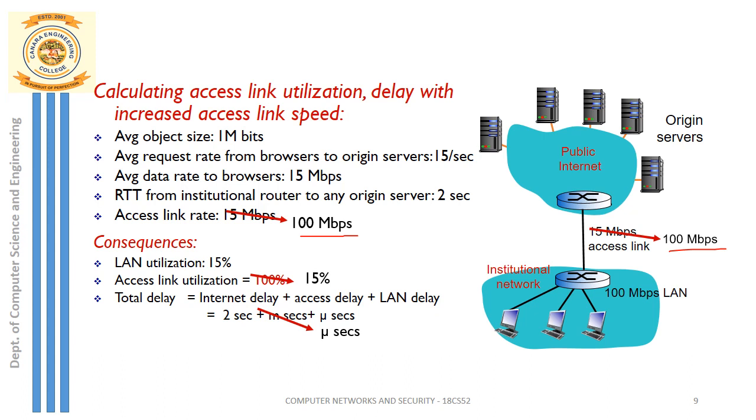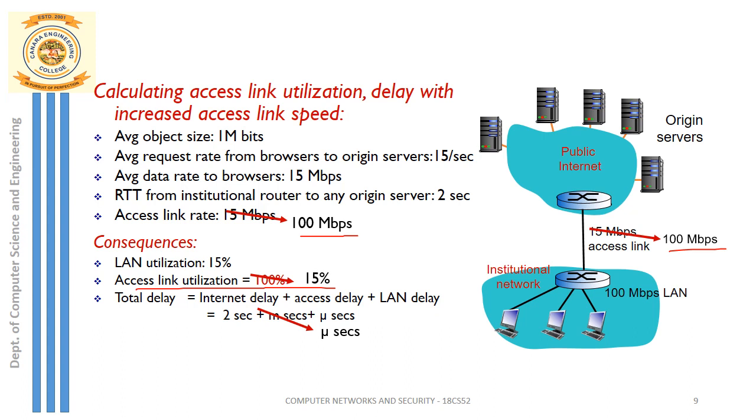The LAN utilization is 15%, since we are keeping the LAN speed as before, that is 100 Mbps, but the access link utilization is only 15% now. Since we have increased the access link speed from 15 Mbps to 100 Mbps, the access link utilization is only 15%.